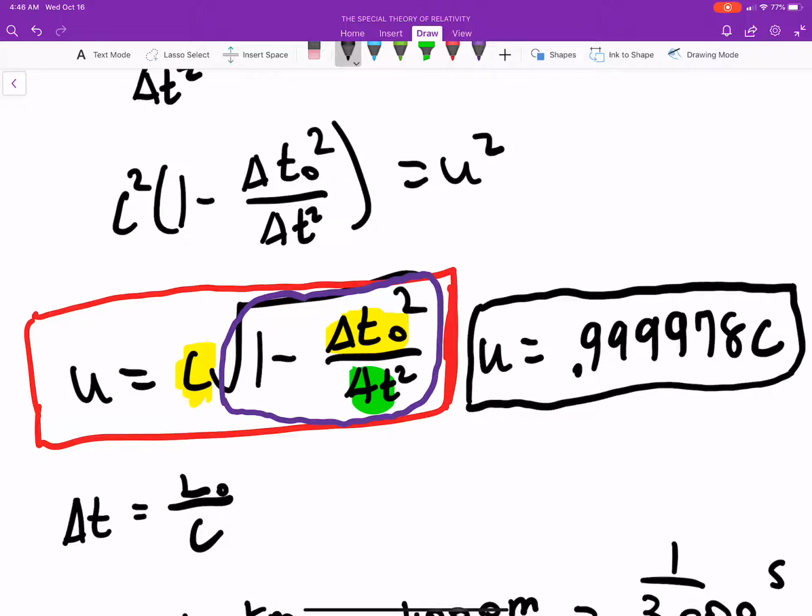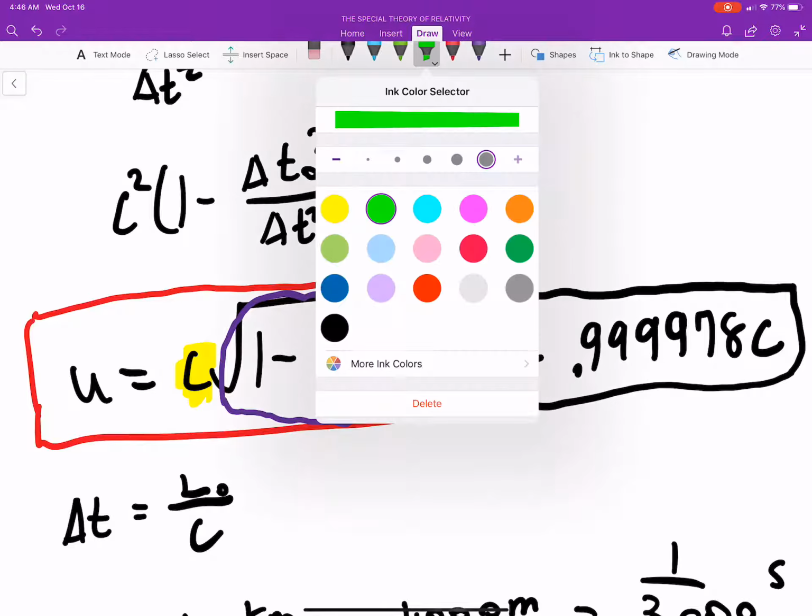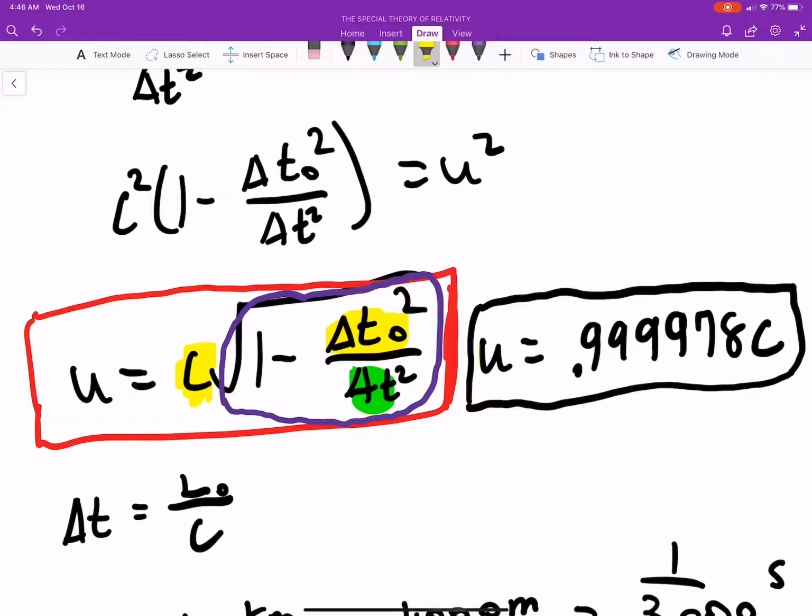C, I'm just keeping out front. That's kind of common notation. If you multiplied c, you would just get 2.99 times 10 to the 8th meters per second. But that's kind of standard notation. So our answer is right here. So hopefully that makes sense. Just a little bit of thinking about what the problem's saying, a little bit of algebra. There we go.